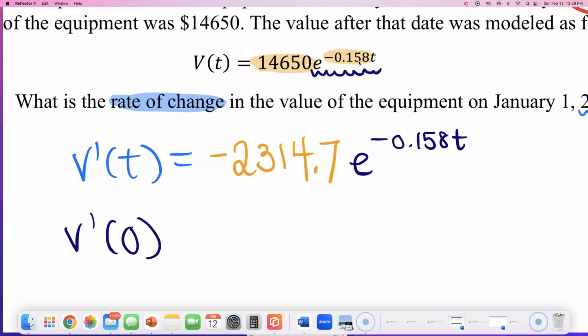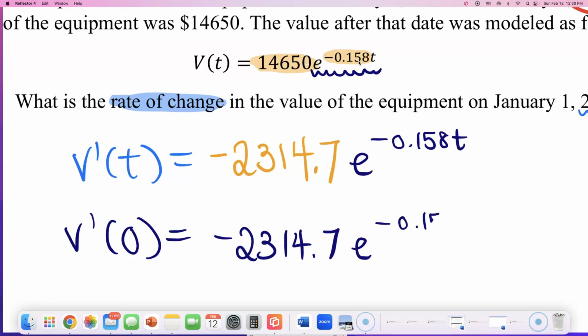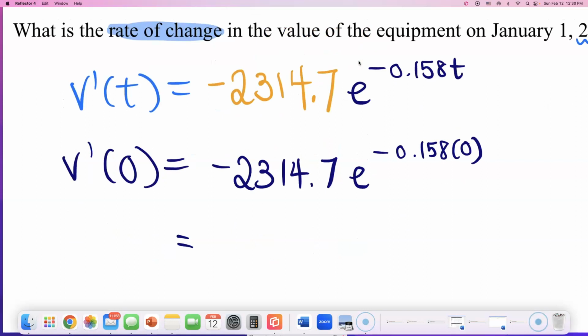Now that's the derivative function. So how fast was this value changing in the year 2019? You can figure that out by plugging in t equals 0. So what happened? I'm doing e to the negative 0.158 times 0, but as you can notice, the exponential term has an exponent of 0 now, right? So what is anything to the 0 power?